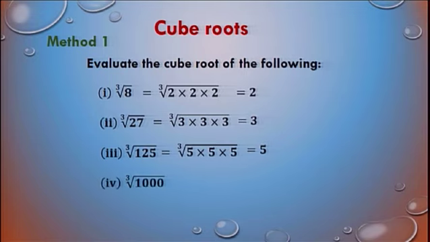Think about cube root of 1000. Yes, it is cube root of 10 times 10 times 10 equal to 10. What about cube root of 343? Of course, it's quite difficult to know the prime factors directly, so we're going to proceed with division.